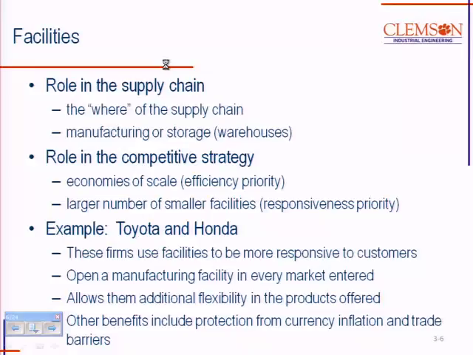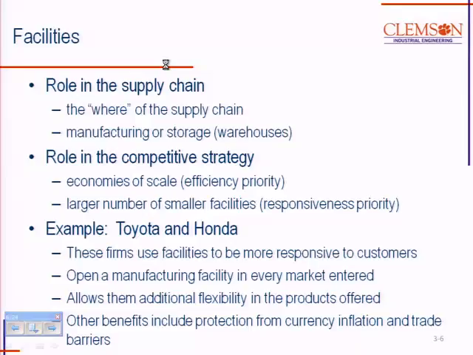One example here is Toyota and Honda. And so they've used this concept of responsiveness priority by having facilities closer to their customers. They open manufacturing facilities in every market that they've entered, and it allows them to be more flexible in products that they offer.